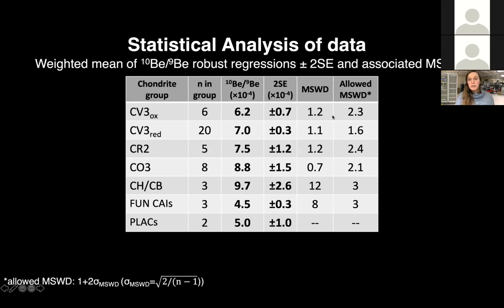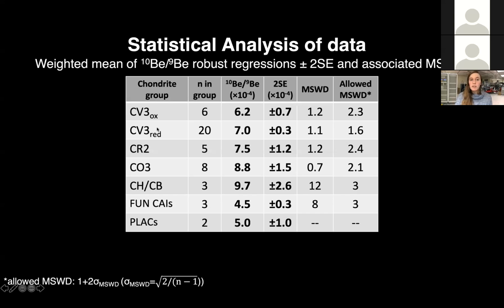Because the MSWD is close to 1, we can say that all the CV3 oxidized CAIs are distributed evenly around the mean, and so they all have the same 10/9 beryllium ratio statistically.